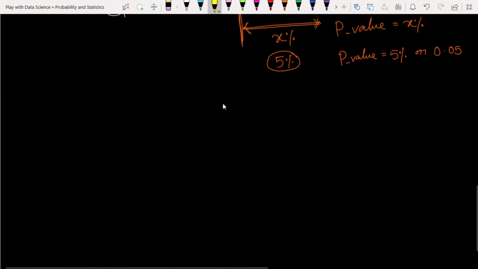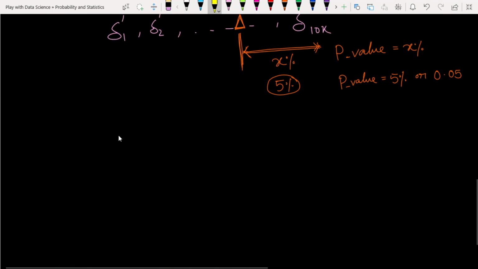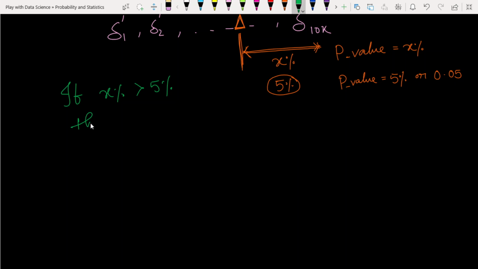So now we can conclude here: if this x percentage is greater than 5%, then we accept the null hypothesis.